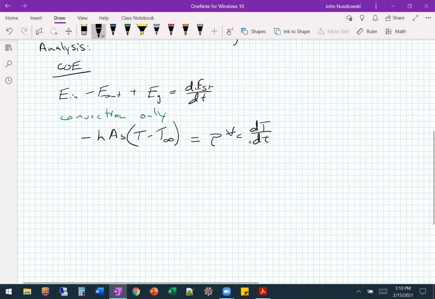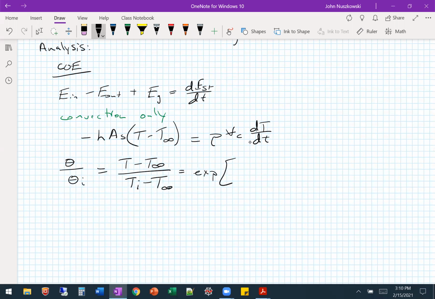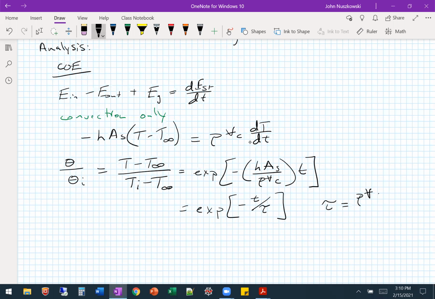So that gets us this version, or if we wanted to do the one with the time constant, it just looks like this, where the time constant is just this.